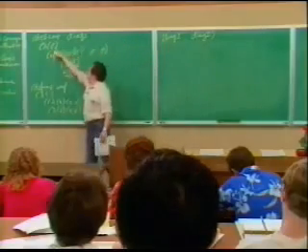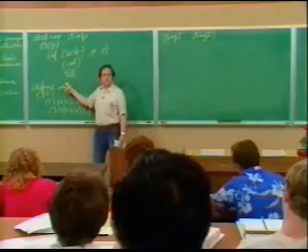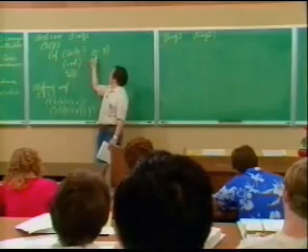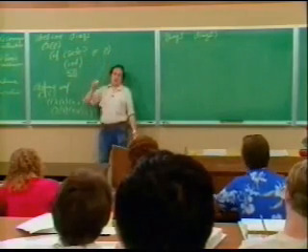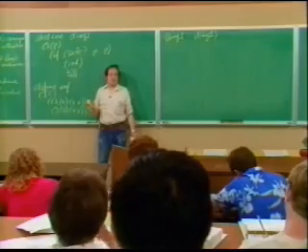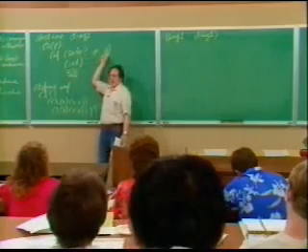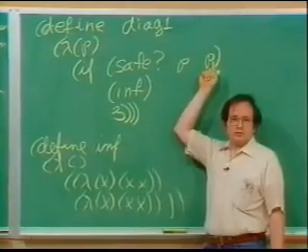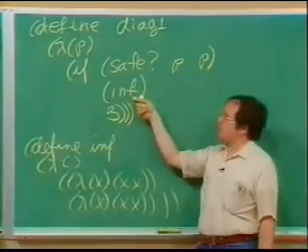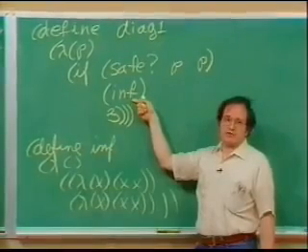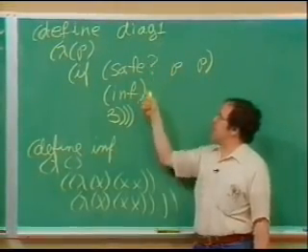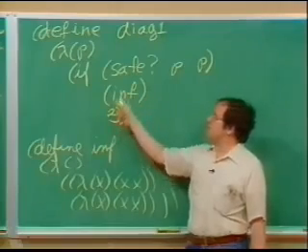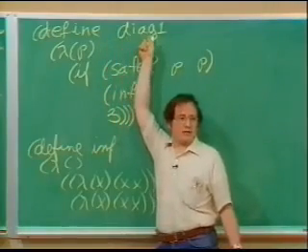We're going to substitute diag 1 for p in the body here. Well, is it safe to compute diag 1 of diag 1? I don't know. There are two possibilities. If it's safe to compute diag 1 of diag 1, that means it shouldn't loop. Oh, that means I go to here, but then I produce an infinite loop. So it can't be safe. But if it's not safe to compute diag 1 of diag 1, then the answer to this is 3, but that's diag 1 of diag 1, so it had to be safe.